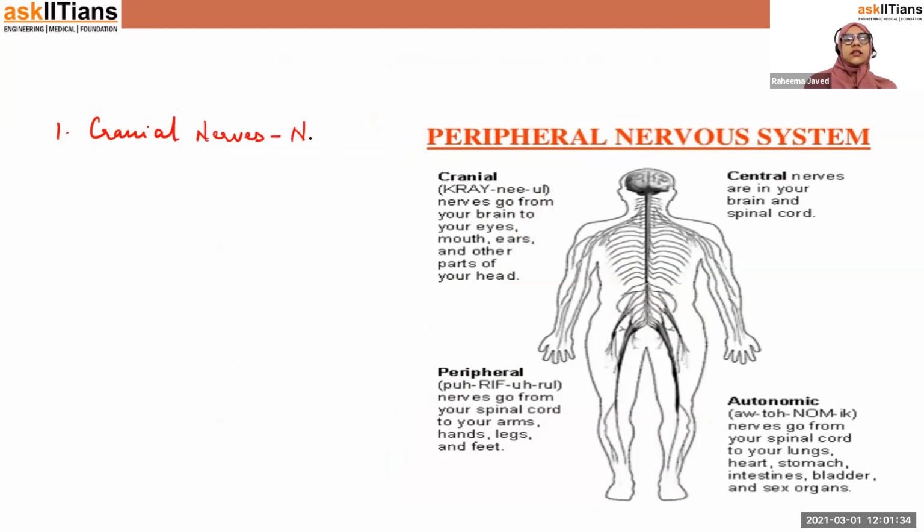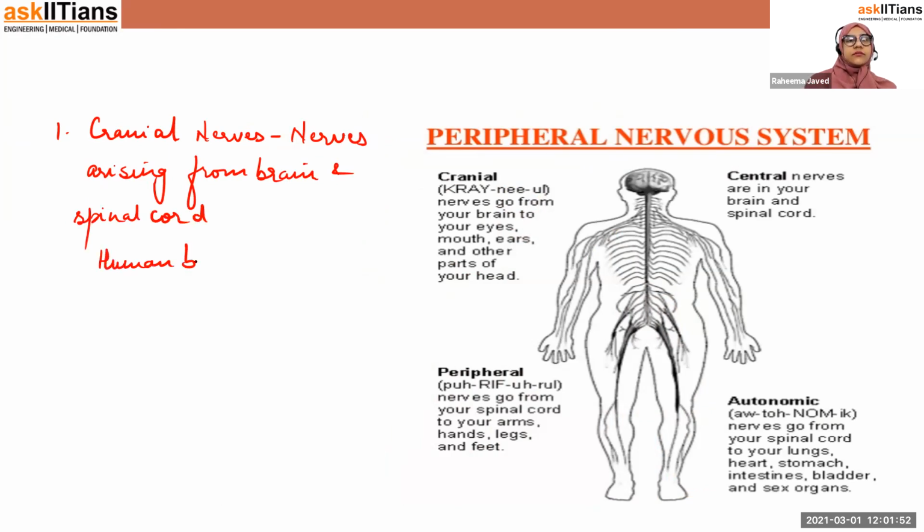These are the nerves arising from the brain. In human beings, 12 pairs of cranial nerves are there.